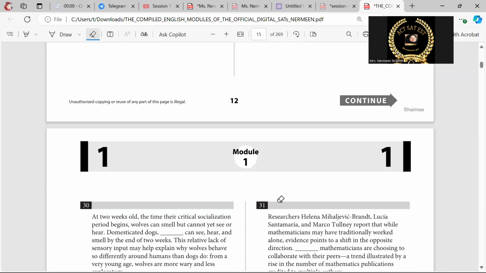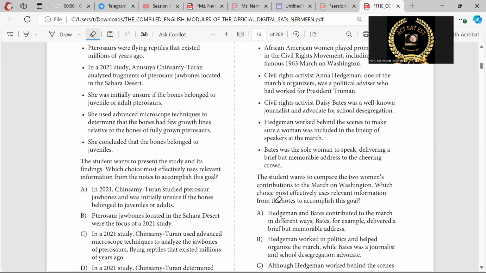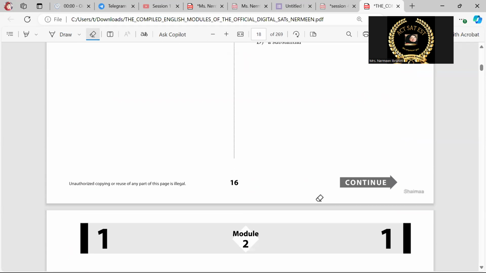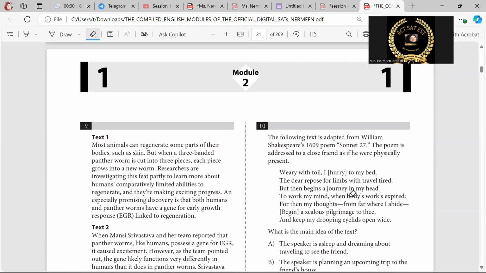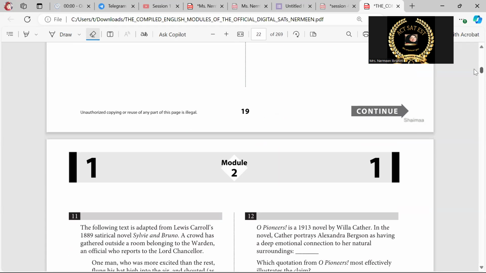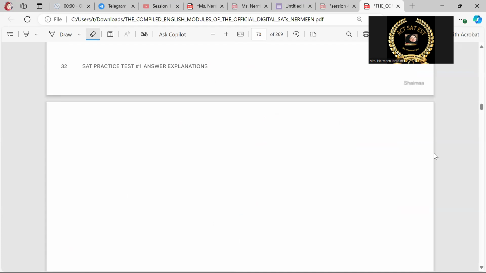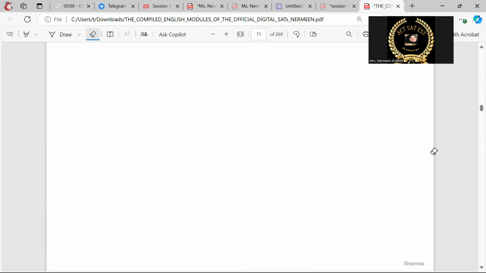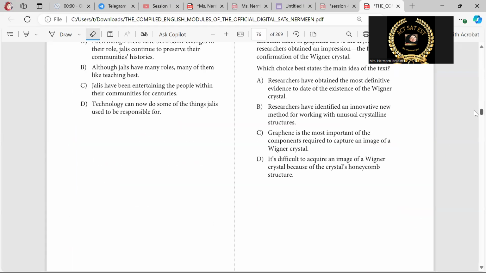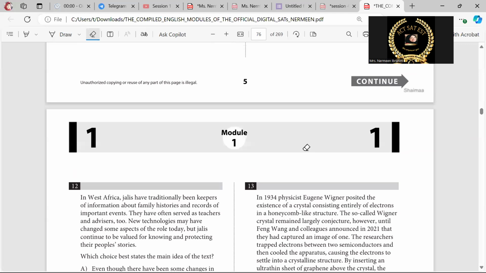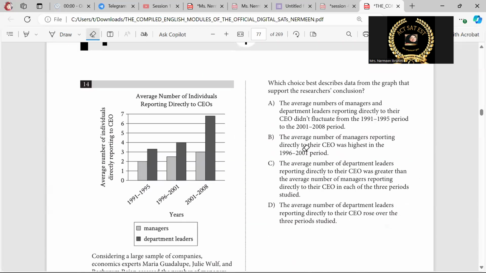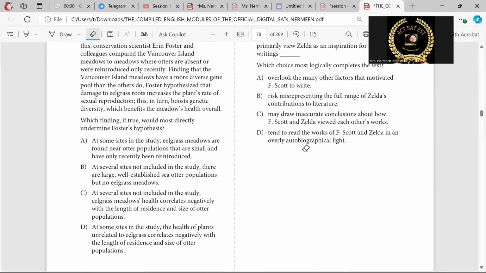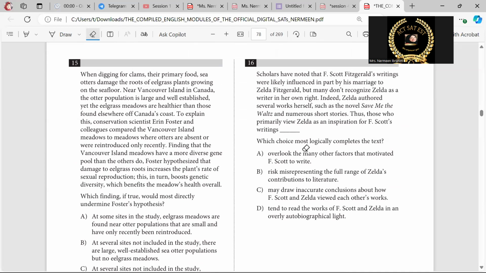Let me show you another question and ask you whether you're going to be able to recognize the modifier question or not. Okay, so this is module 1 in a new test.